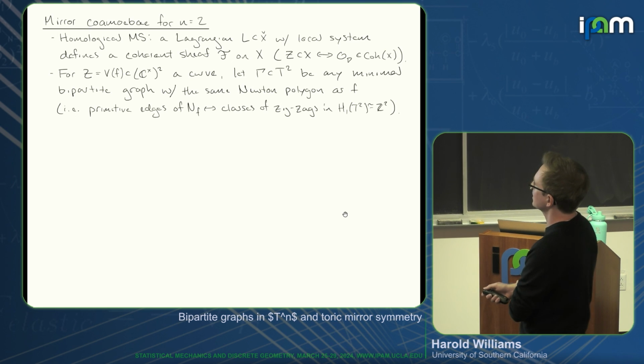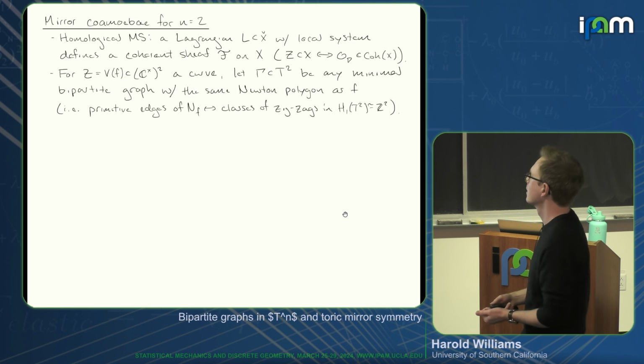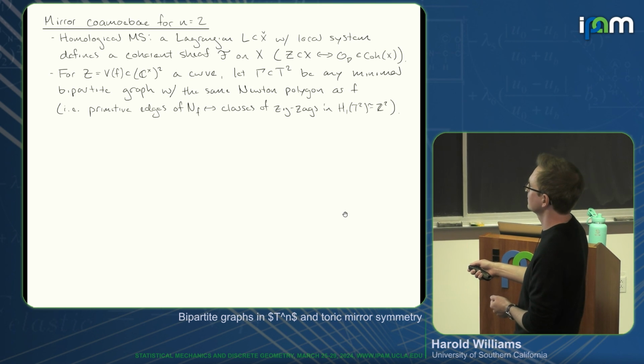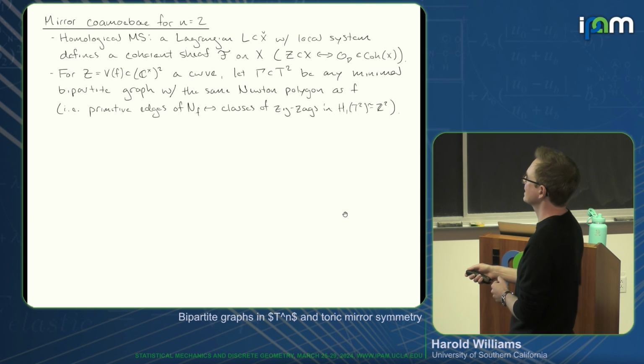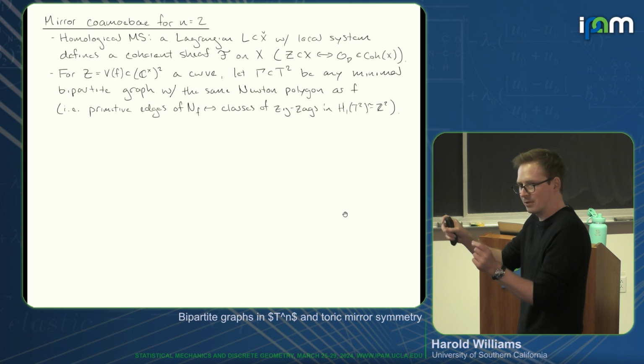And what I mean by that is that when I look at the zigzag paths of our graph, and I take their classes, those are some cycles in the 2-torus, I can take their classes in H1, which is just Z2, so I get a collection of vectors in Z2. I want those to be exactly the edges of the Newton polygon, or more precisely, the primitive edges.